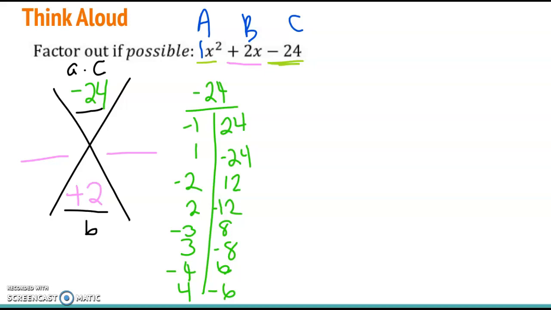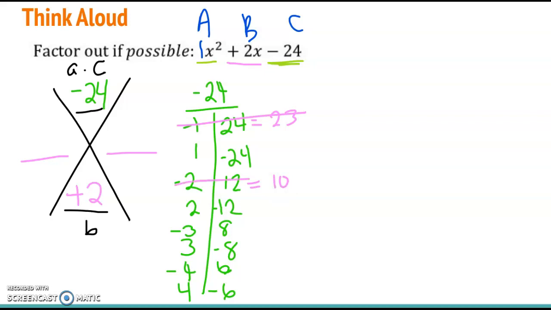These are all of the factors, meaning two numbers that would multiply to give me negative 24. From here, I want to find two numbers that will add up to give me a positive 2. For example, if I were to add the beginning numbers, negative 1 plus 24, that would give me 23. That is not what I'm looking for. I am looking for a positive 2, so I know that wouldn't work. If I went down, negative 2 plus 12 will give me a positive 10 back.